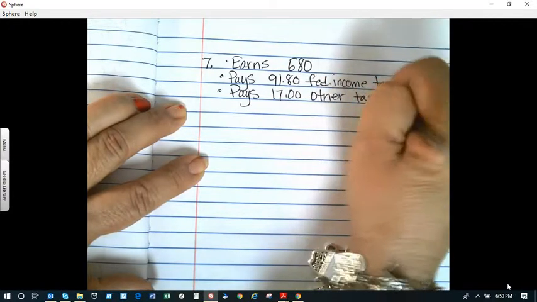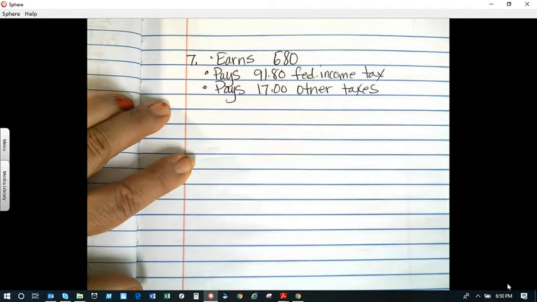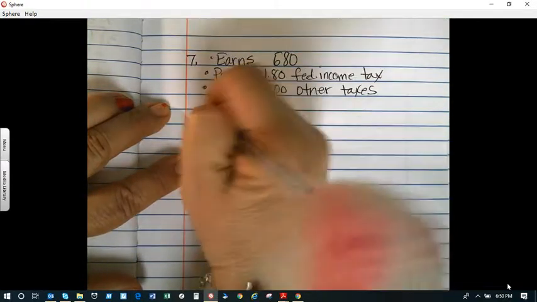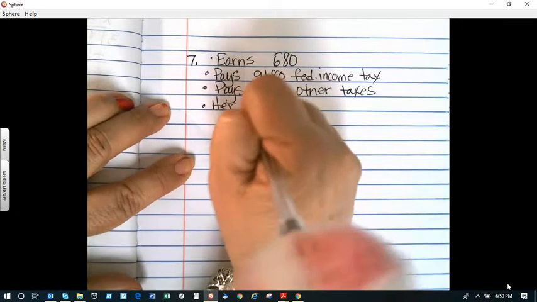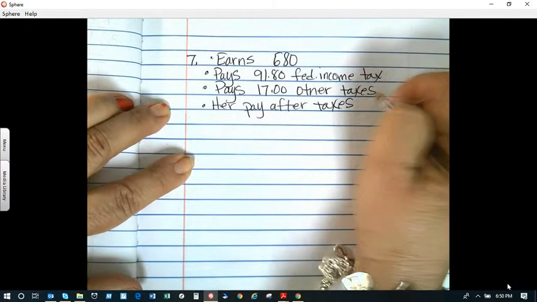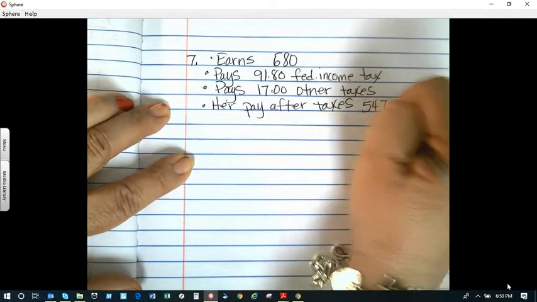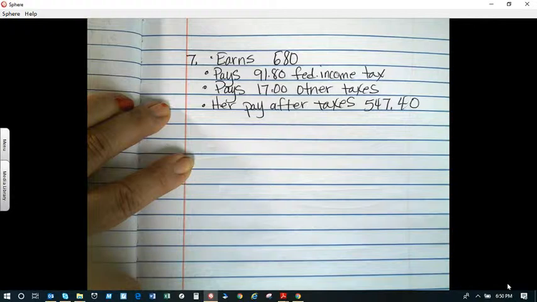That's what it would be for the state of Texas, because we don't pay a state income tax. And then her pay after is $547.40. My question is how much does Lacey pay in state income tax?